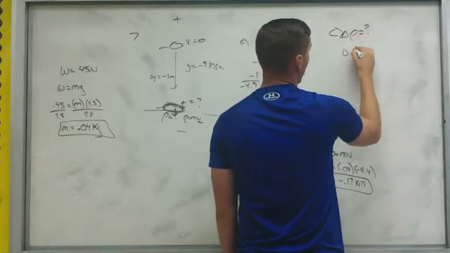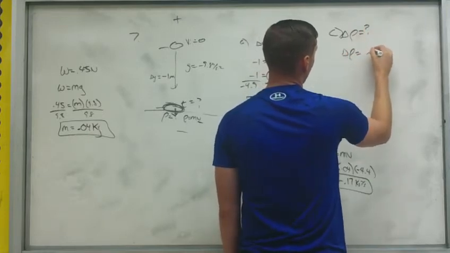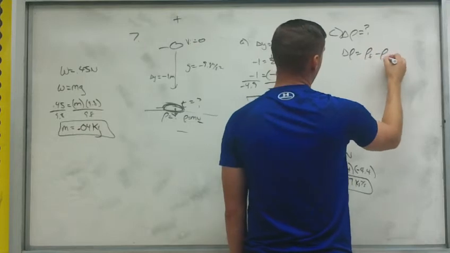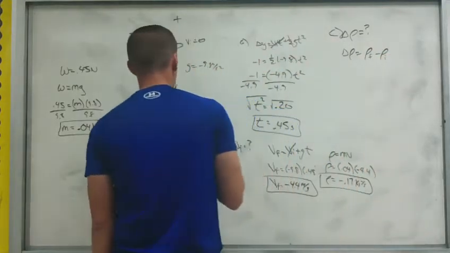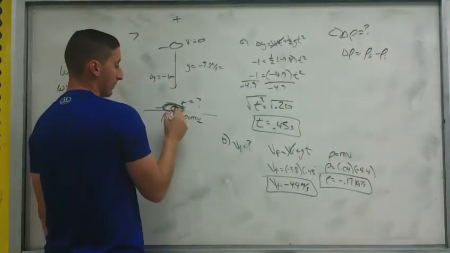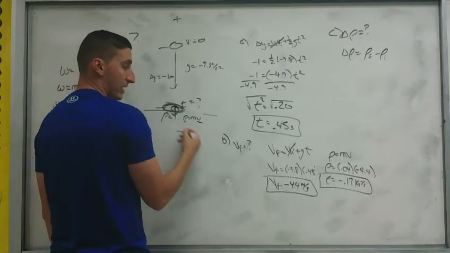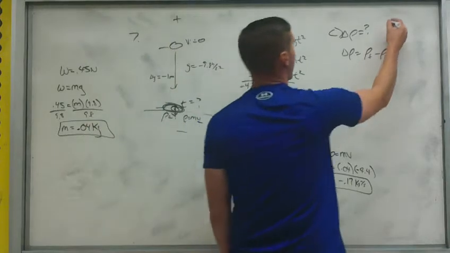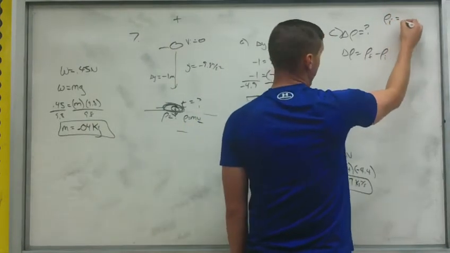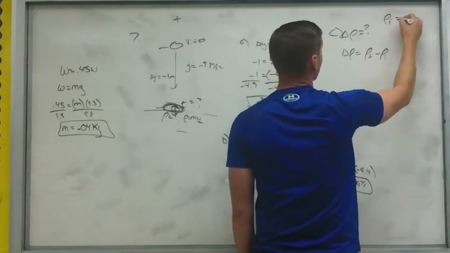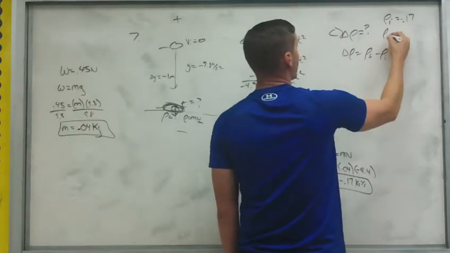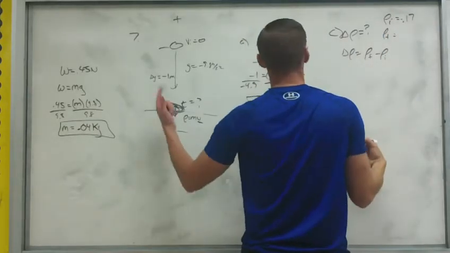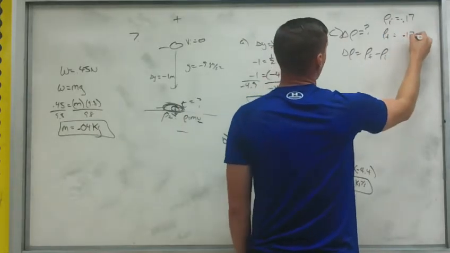Well, change in momentum is equal to momentum final minus momentum initial. If it's elastic, it means the speed is going to remain the same, so it's not going to lose any energy. So initially, before it hits the ground, the initial momentum is equal to negative 0.17. After it hits the ground and rebounds with the same velocity, it's going to have a positive 0.17.